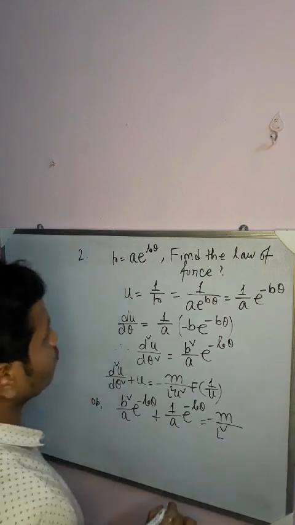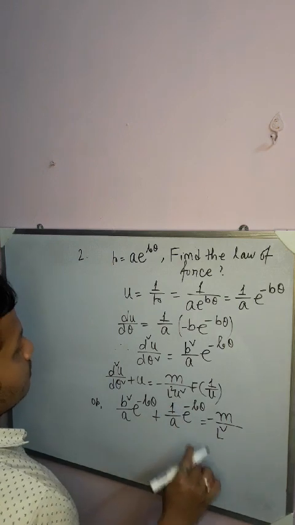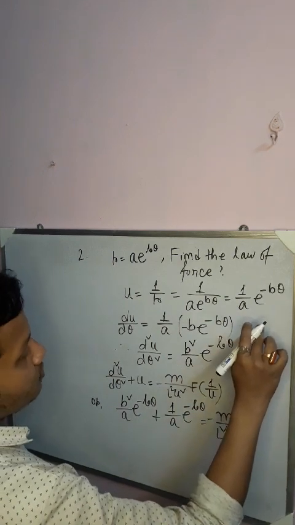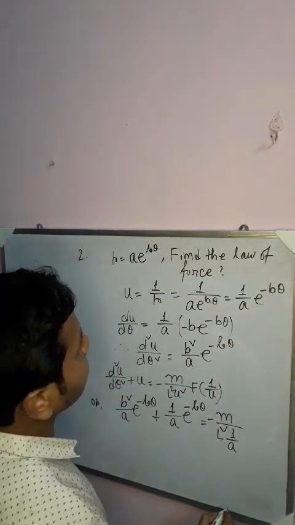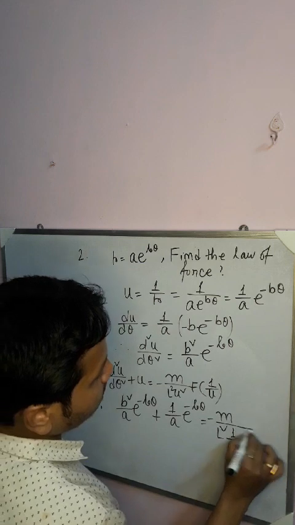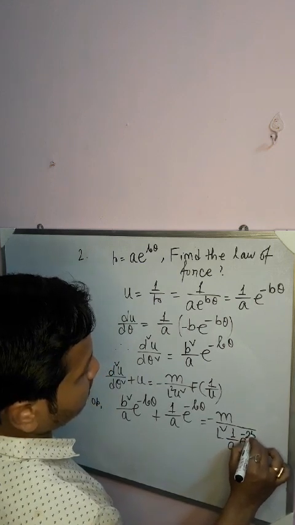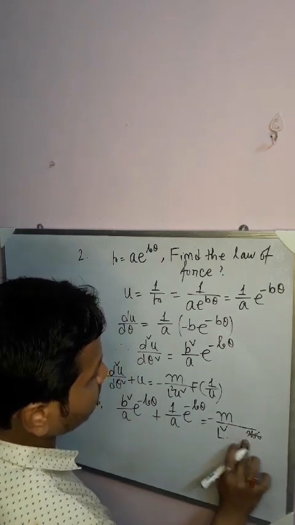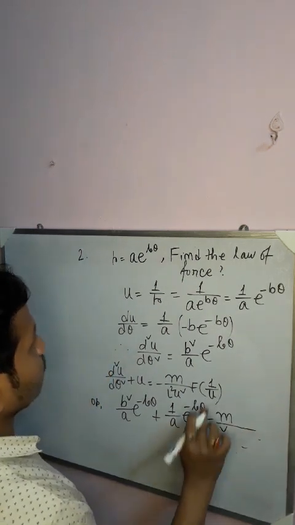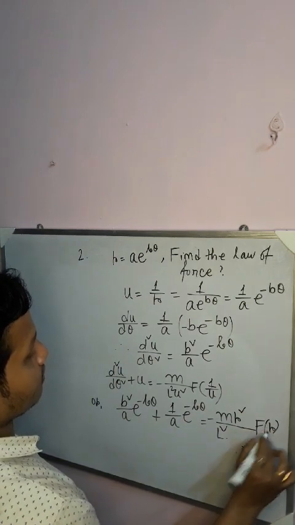And what is u²? u² is 1 by a² into e to the power minus 2bθ. Or you need not put this value, you put r² there, and then you will write r here, no problem.